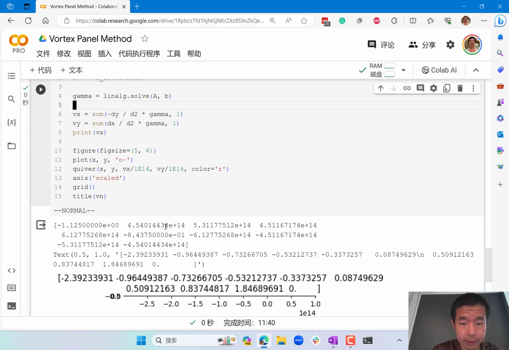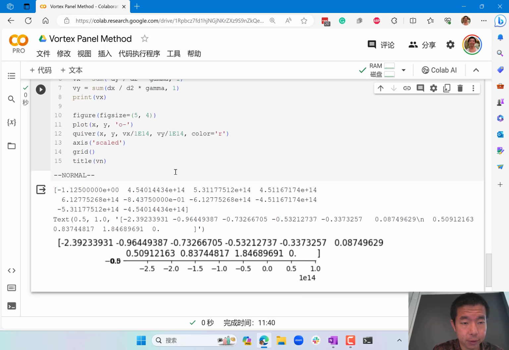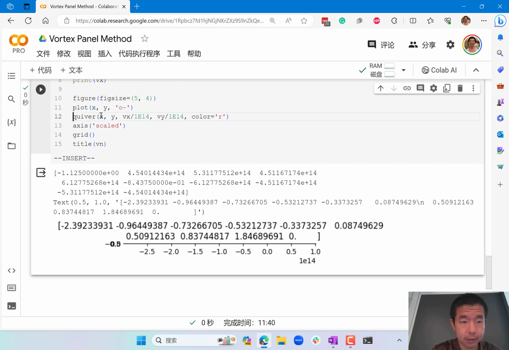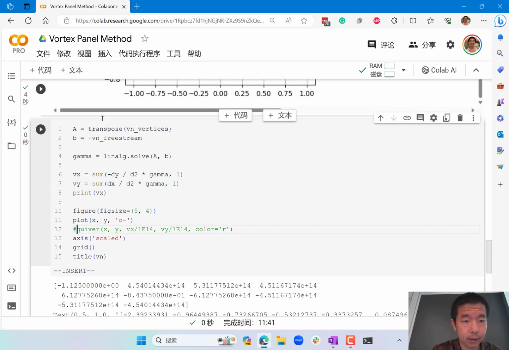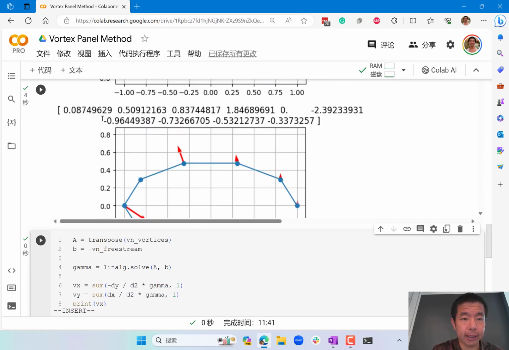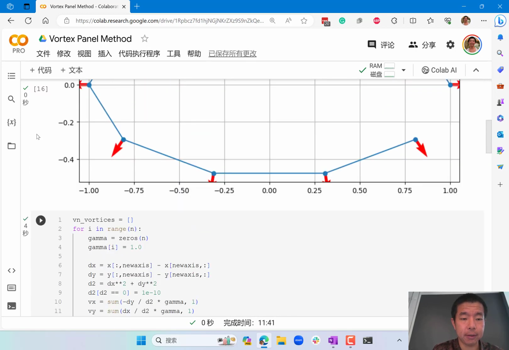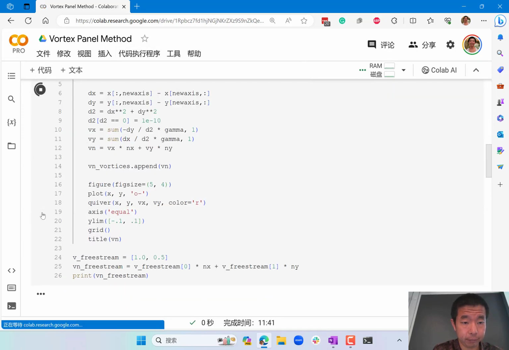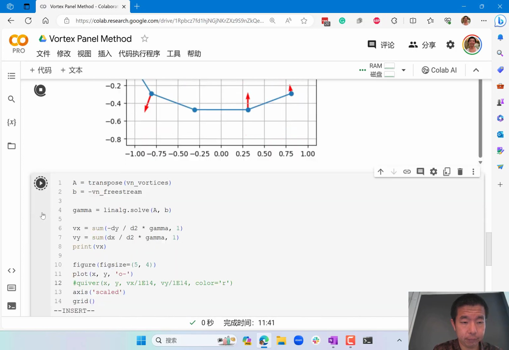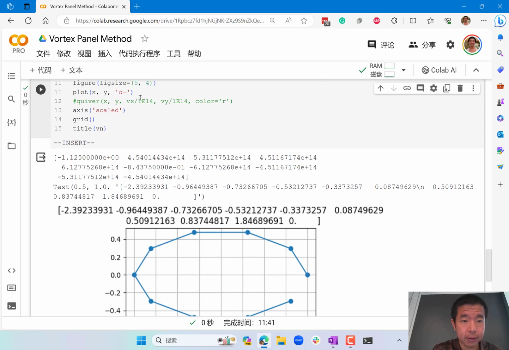Yeah, Vx has a magnitude of very large, 10 to the 14, and if I quiver with it divided by 10 to the 14, why do I still get this? I probably overwrote my x, I think. So let me just rerun the whole thing from the beginning. Okay, just do the quiver again.